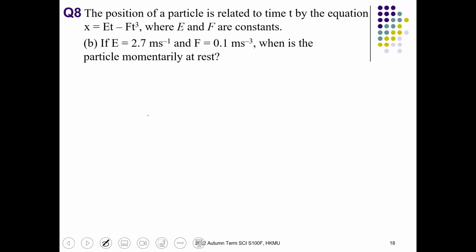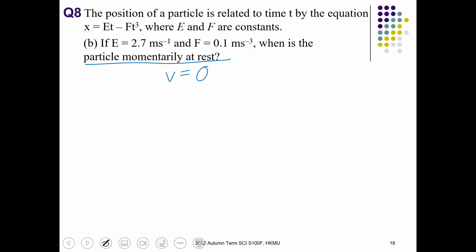In part B, we are given the values for the constants, and we consider the particle which is momentarily at rest, which means v equals 0. We are given the information of the displacement versus time.